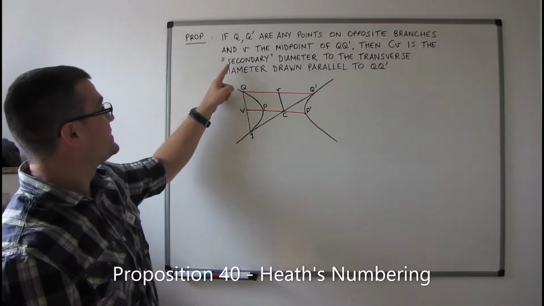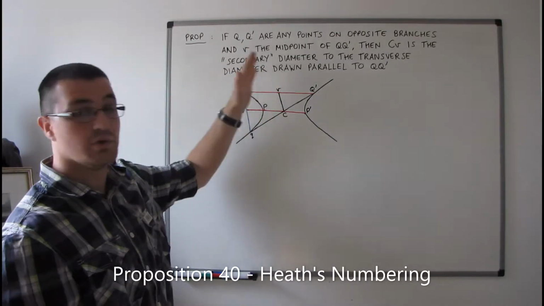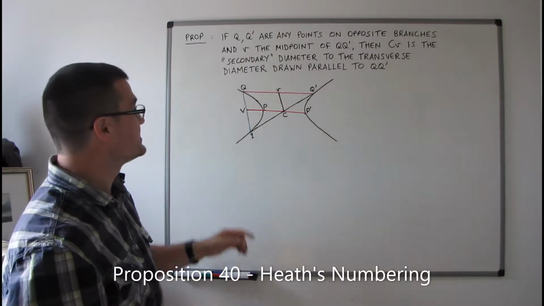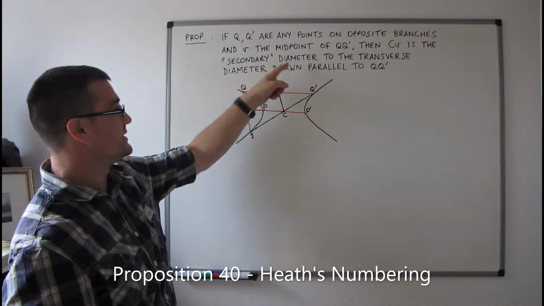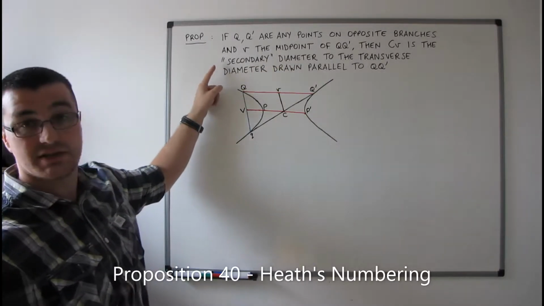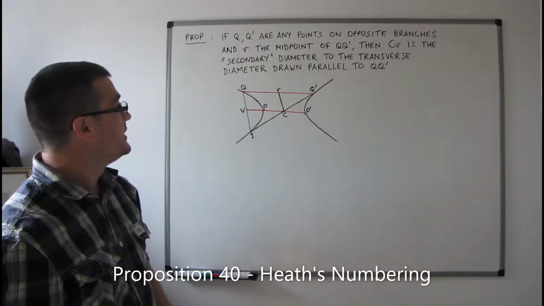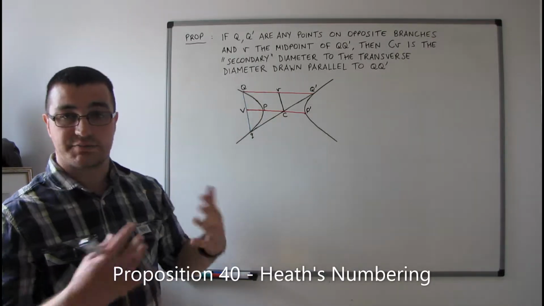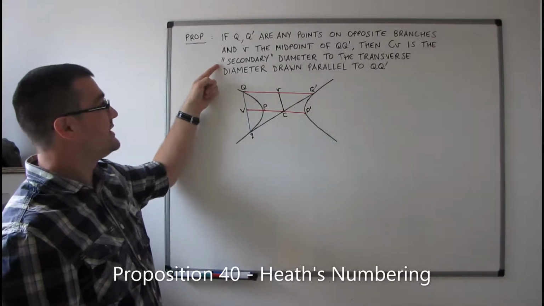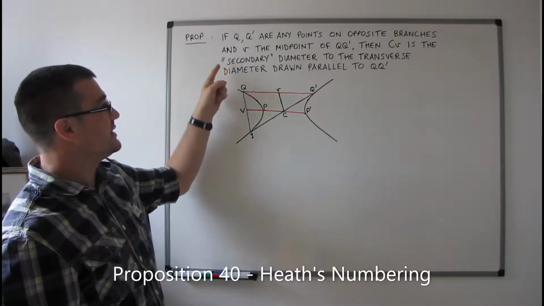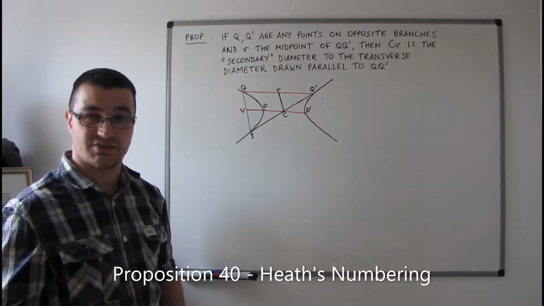I just want to comment on this. This is more or less Thomas Heath's wording in his translation, and he uses the word secondary diameter in inverted commas, just like I've done here. He doesn't explain why, but presumably it's because he's not using the phrase secondary diameter in its strict sense.